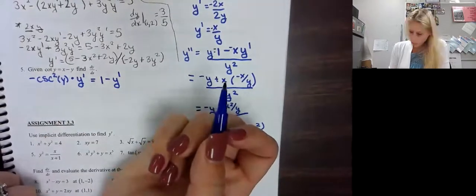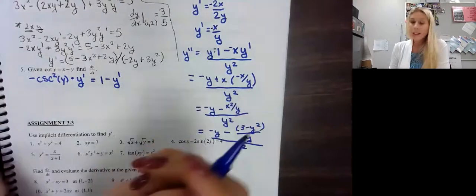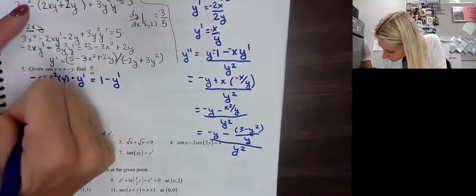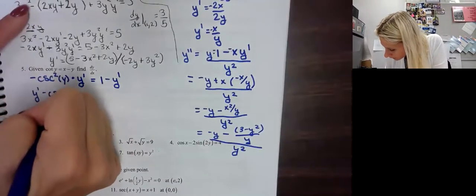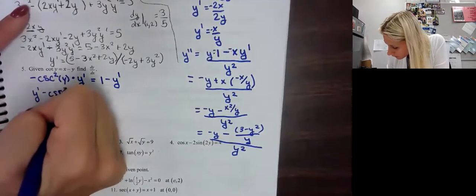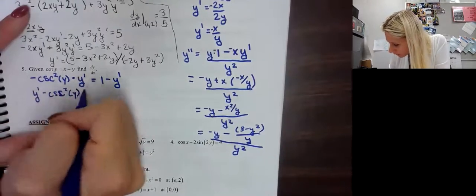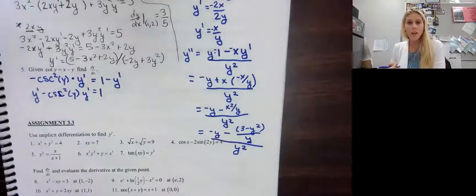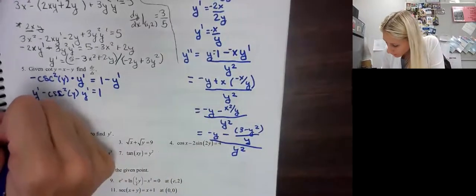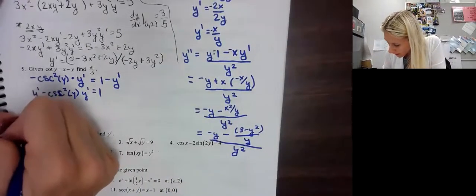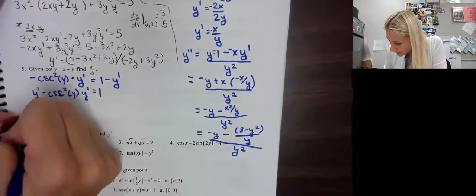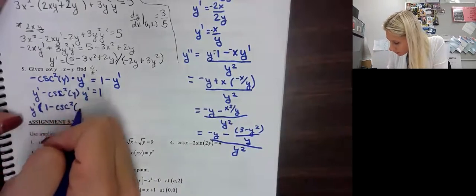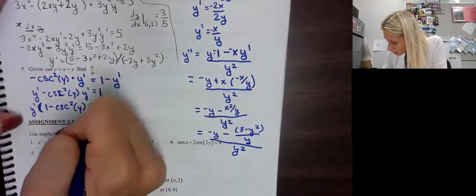All right, let's see what we can do here. Let's get the y primes all on one side. So I get y prime minus cosecant squared y prime equals 1. We can factor out that y prime. Be careful here, because when you factor out that y prime, we're left with 1 minus cosecant squared y equals 1.